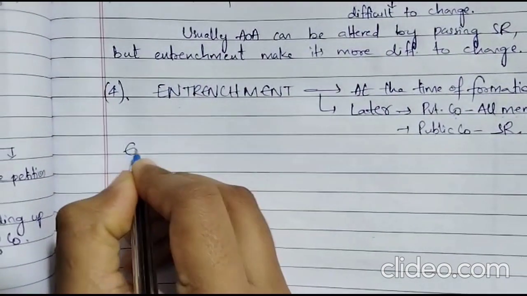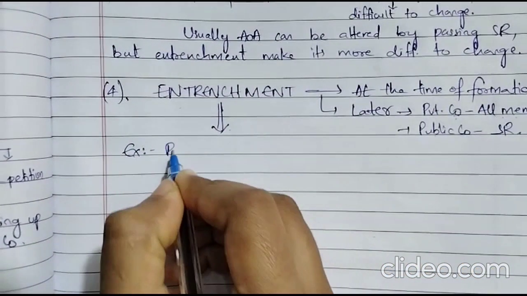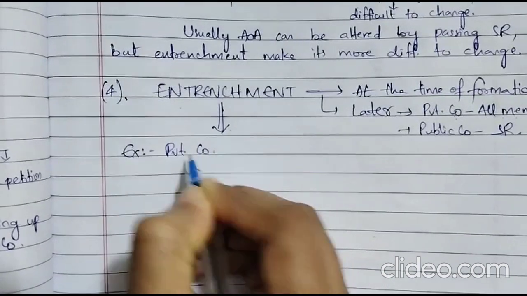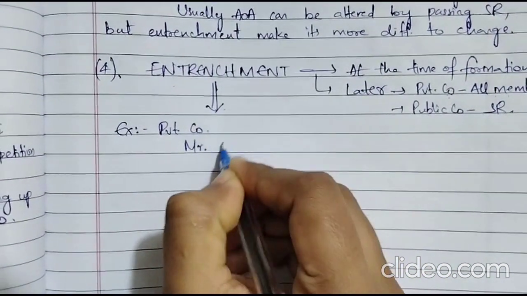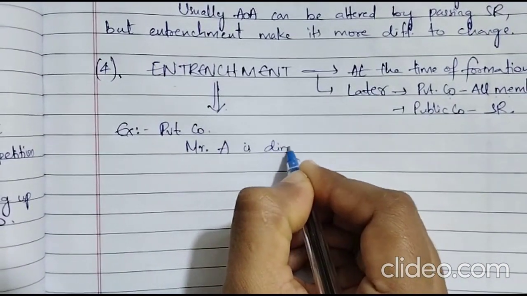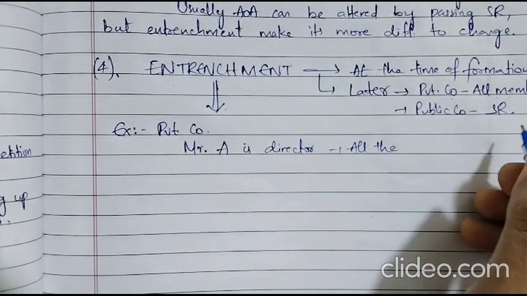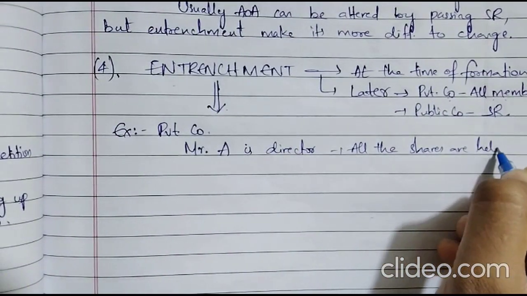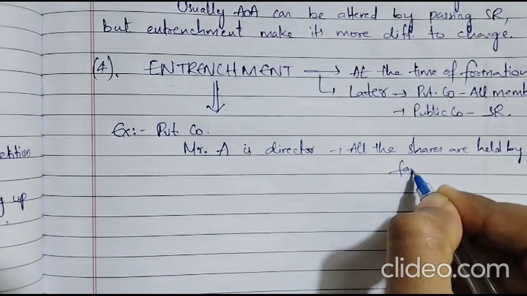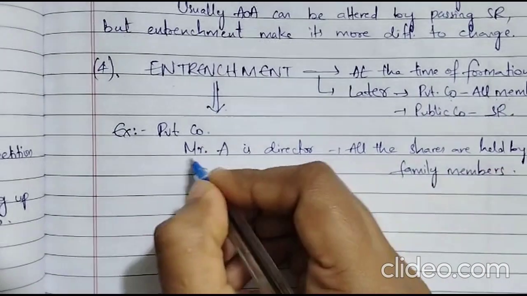Let me give you an example to understand this word entrenchment. Suppose there is a private company, and Mr. A is director, and all the shares are held by his family members. He is so intelligent.